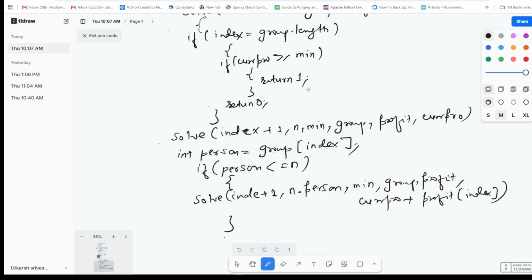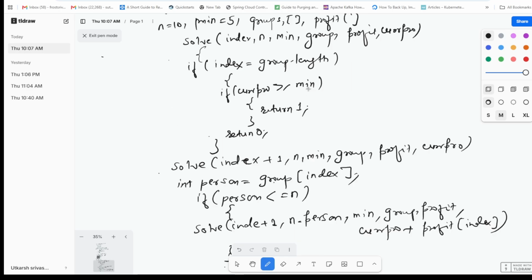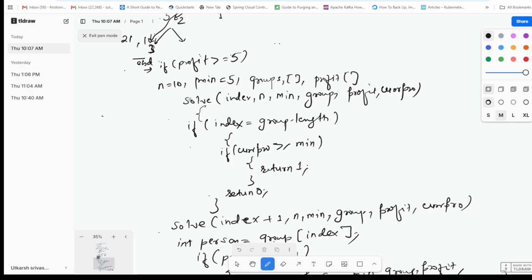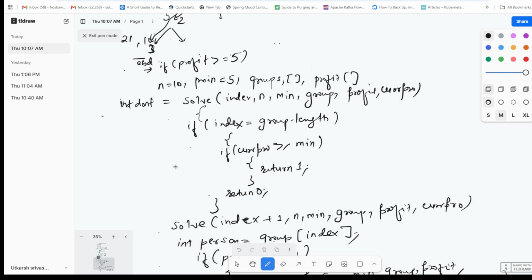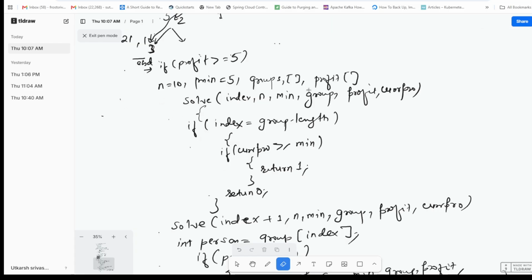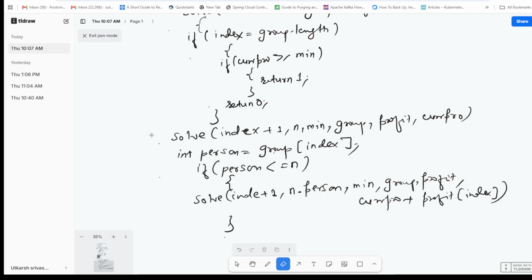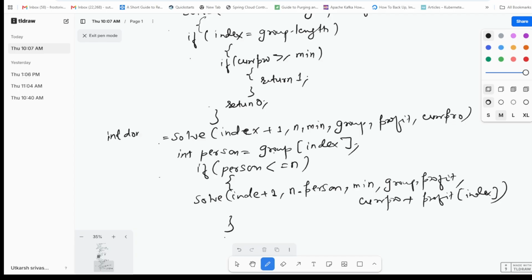So what we will do, we will just sum up. For example, here is our first path in which we do not take that element, and here we have taken that particular person.